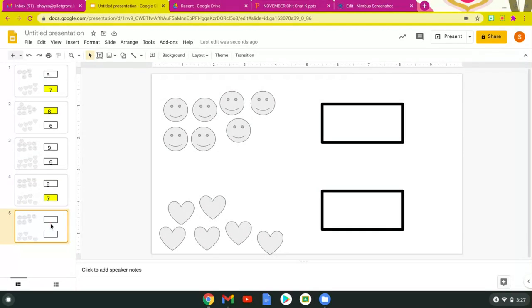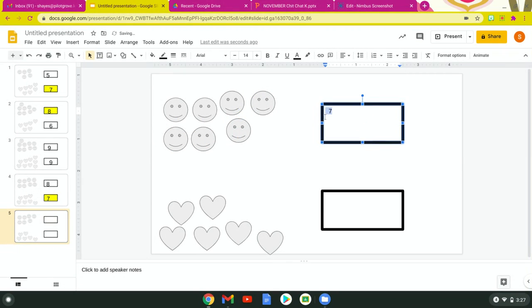Let's go to this one and we'll count. Ready? 1, 2, 3, 4, 5, 6, 7. 7 smiley faces. And then we have 1, 2, 3, 4, 5, 6 hearts. Now we need to think in our smart brains.